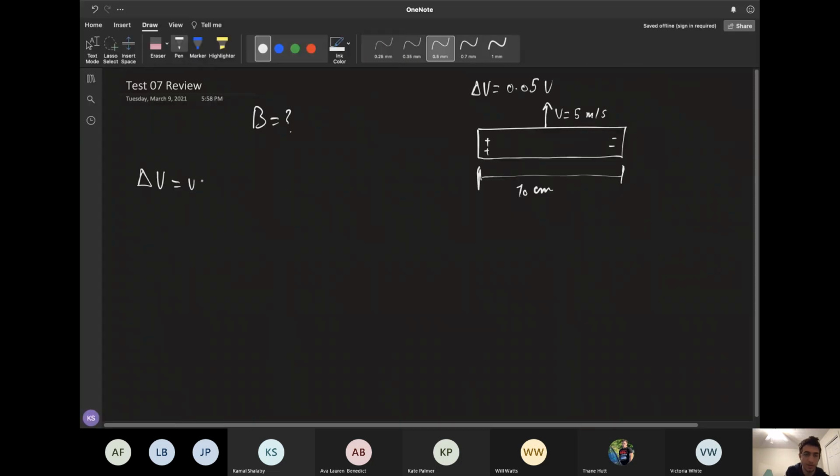This is equal to V L B. That means B is equal to delta V over V L, which I think was 0.1 Tesla. Tesla is the unit of magnetic field, if I'm not mistaken.